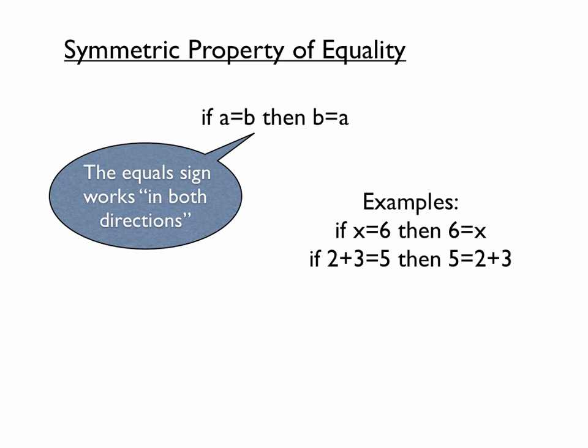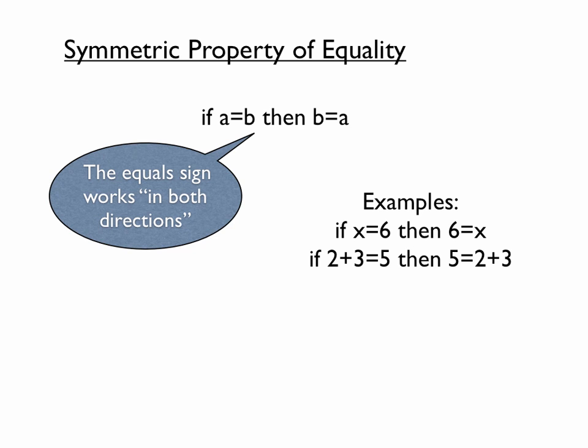Next, we're going to look at the symmetric property of equality. Symmetry means two sides are the same shape but in opposite directions as each other. You may have worked in previous years in math with drawing lines of symmetry through shapes. You draw a line down the middle so that one side is the mirror image of the other.